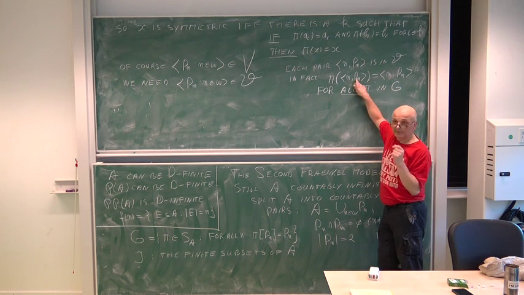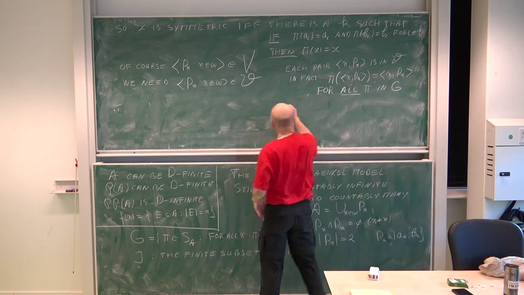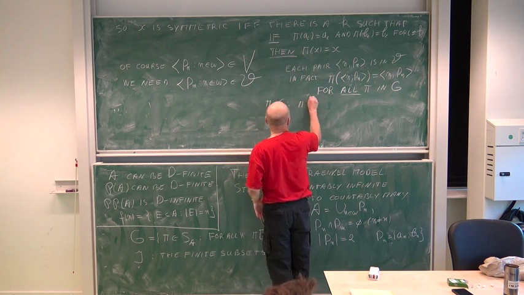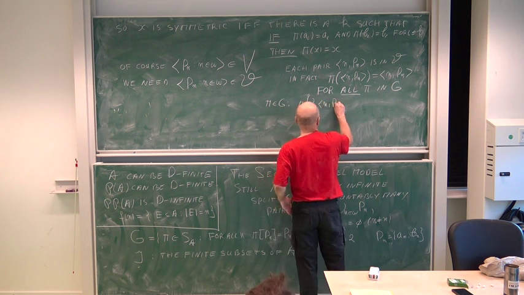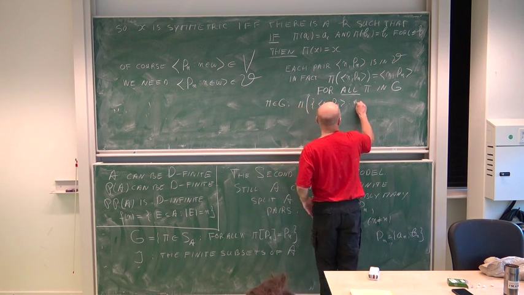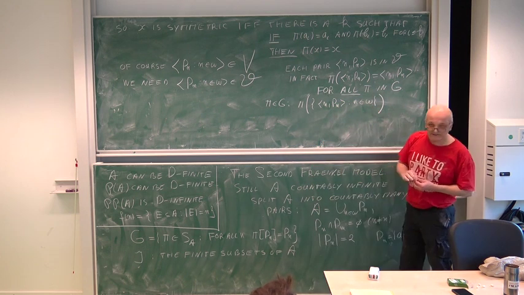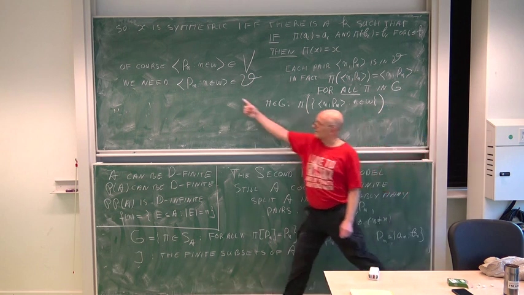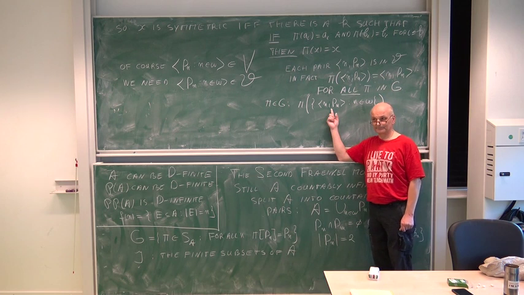So the symmetry group of this is the whole G. And the same thing happens. What is our sequence? Our sequence is, of course, this set of ordered pairs. The official definition is this.